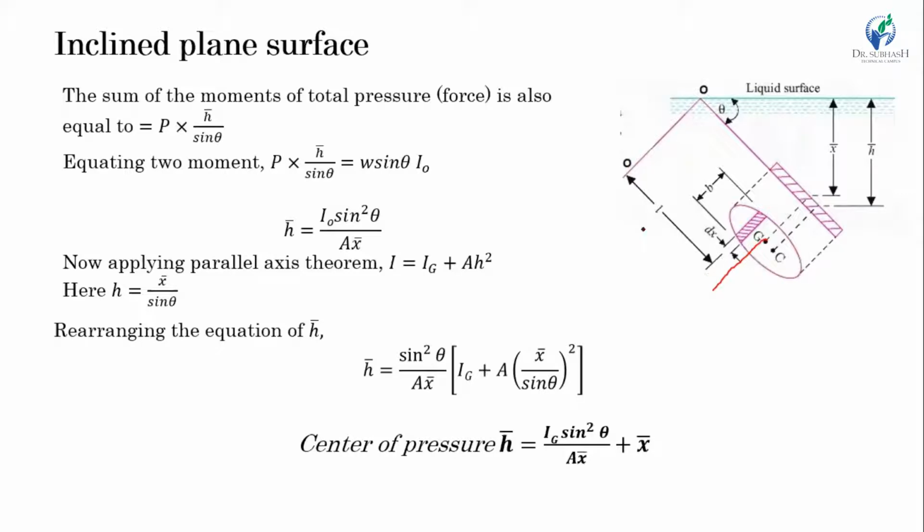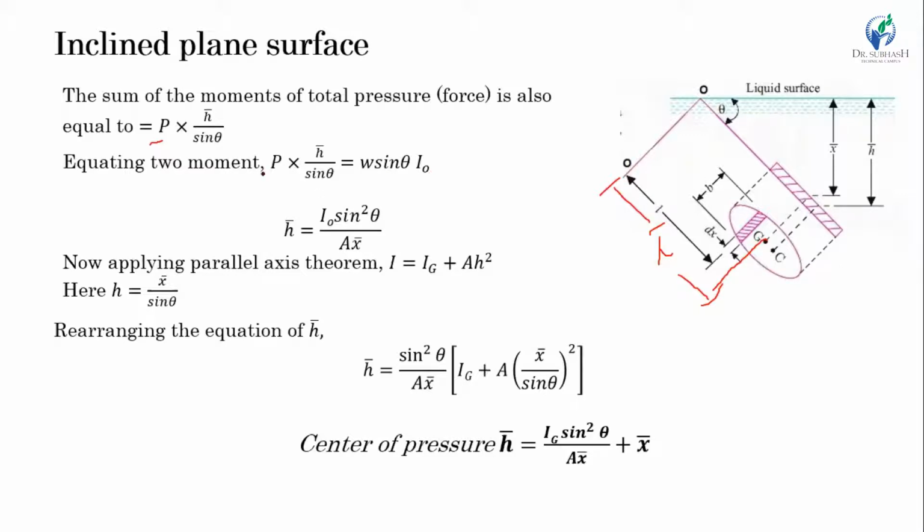As shown in the previous slide, L bar is nothing but H bar upon sin theta. Equating the two moments, we get P into H bar upon sin theta equal to W sin theta into I0.